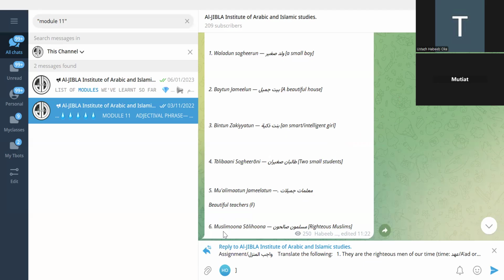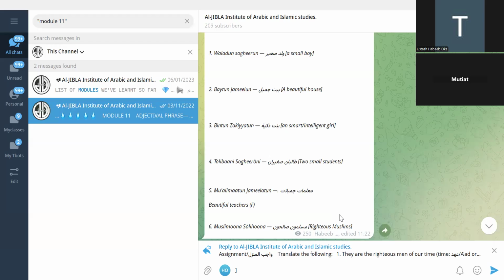Here, we have Muslims, the righteous Muslims. How is that formed in Arabic? Righteous Muslims, in this case, they are masculine. We have the waw and nun: Muslimuna salihuna. That's beautiful. So that's plural. What kind of plural is this one? We mentioned two types of plural.